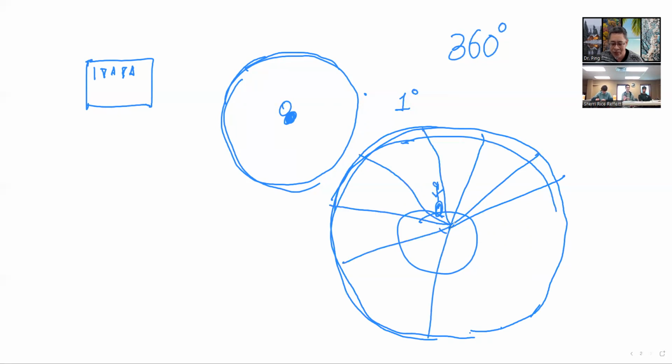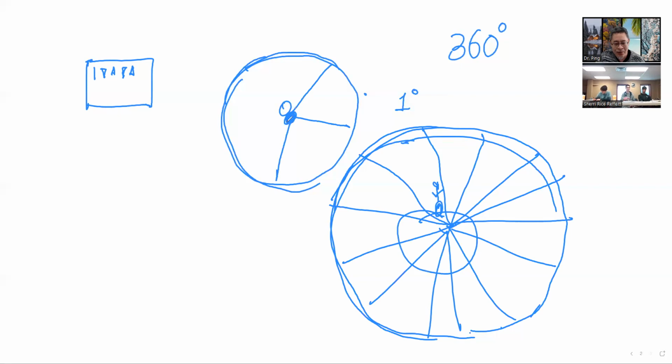So they have a circle, and they break the circle into 6 parts. We got the center.